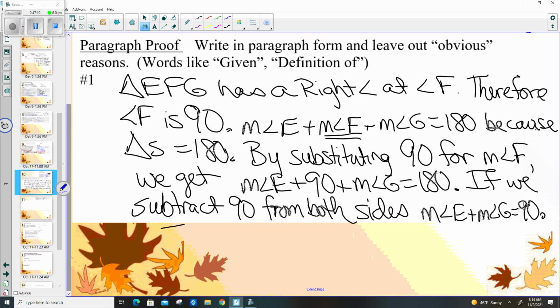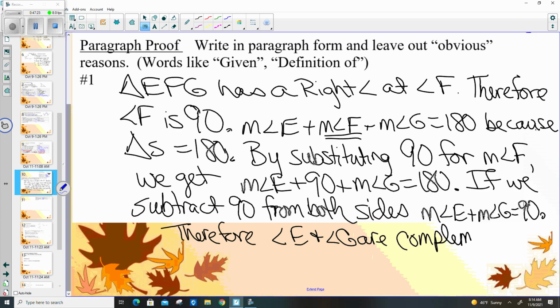Therefore, you could use a different word if you like something better than therefore. Angle E and angle G are complementary. I don't need to write definition of because we said it. We said they add up to 90, therefore they're complementary.